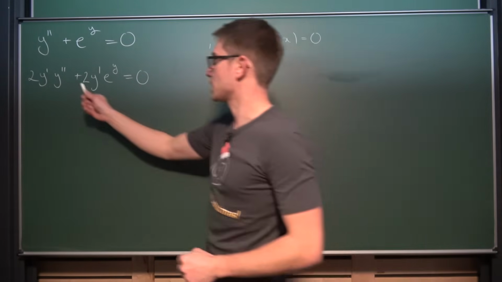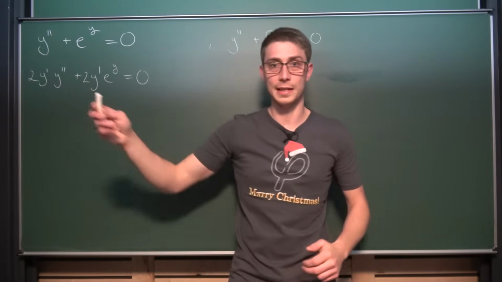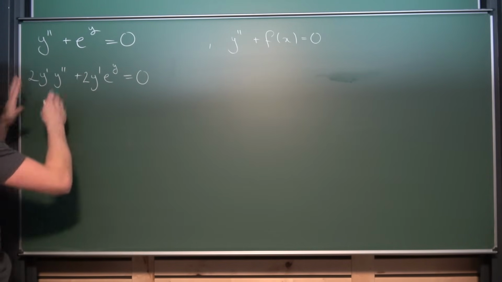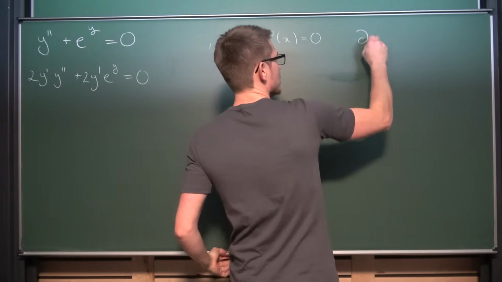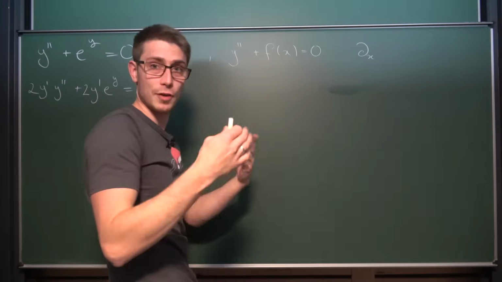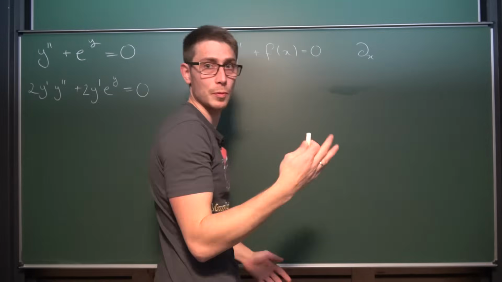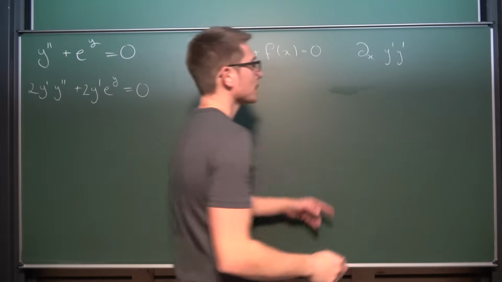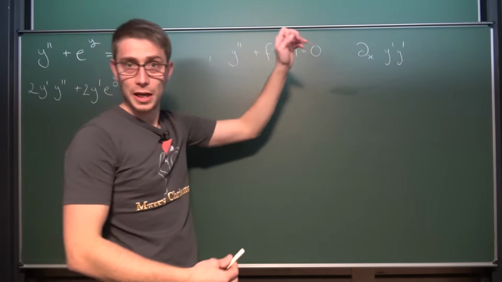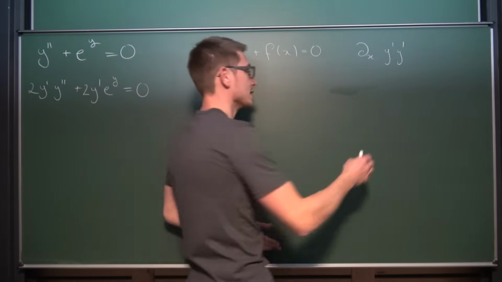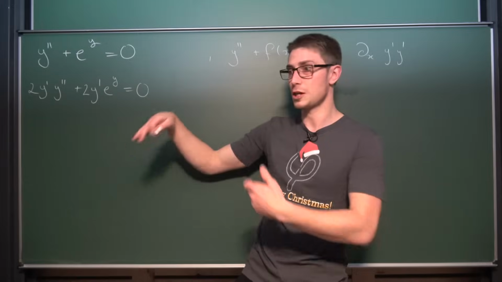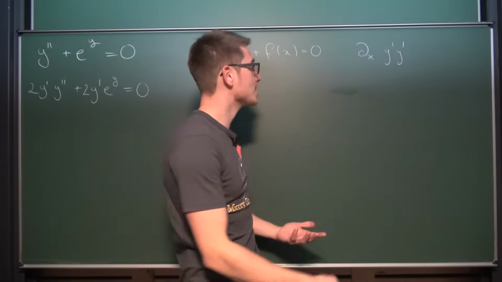Because if you take a look at this front part, and this is the main idea here, if you take a close look at that part right here, this is very similar to differentiating with respect to x, because y is a function with respect to x, and y prime and y double prime obviously too, of y prime times y prime. If you differentiate this, you gotta make use of the product rule. That's the main idea here, to get yourself basically a differential out that you can just cancel out using integration.